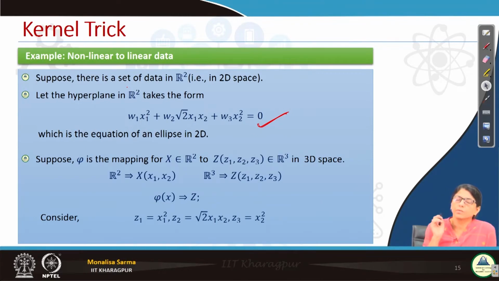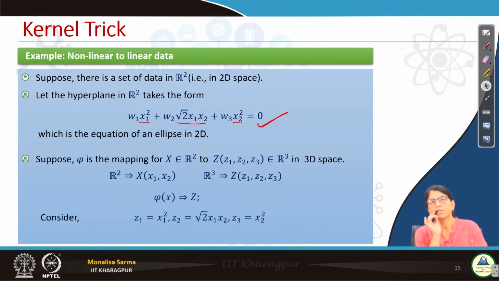So, now suppose we will be doing the phi transformation. Suppose phi is a mapping from x in R2 to z, that is z1, z2, z3 in R3, in 3D space. How will we do the mapping? So, for this term I have used z1, z1 is equal to x1 squared, z2 is equal to root 2 x1 x2, z3 is equal to x2 squared.